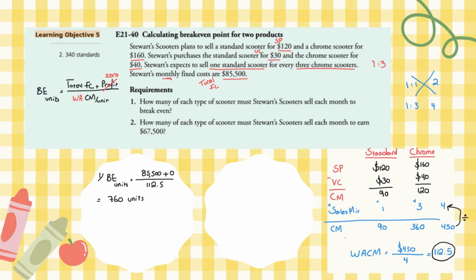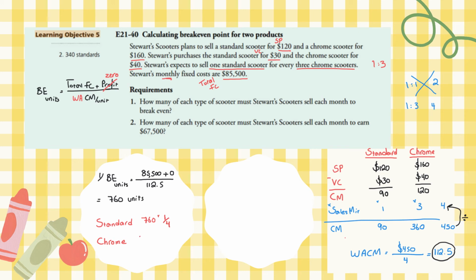Actually, it's both. To find how many for the standard and how many for the chrome, I need to multiply it by the proportion. For the standard, 760 multiplied by 1 divided by 4.